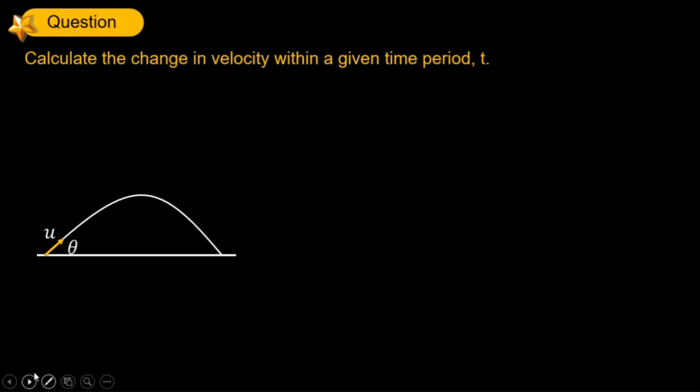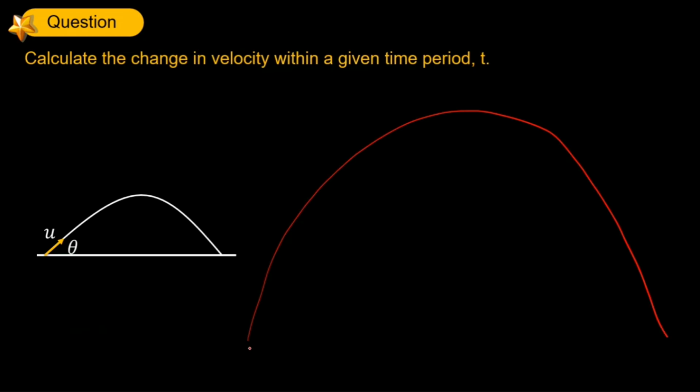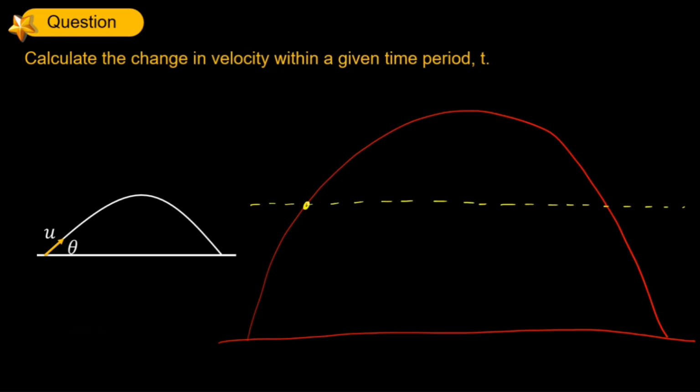Now the question says, what is the change in velocity within a given time period? Like how we can actually talk about the change in velocity in the given time period. Now, again, we have to understand the motion of the projectile. At any given time interval, if I say at any point at the same height, I already told you that whatever velocity the particle possesses at this point while going upward, that velocity will always be equal to that at the same height when it is going downward.